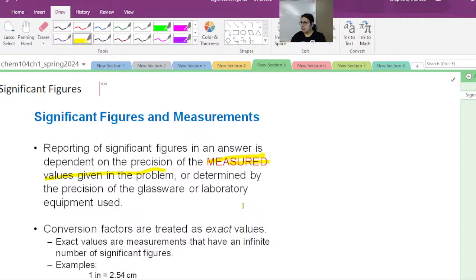And so again, you've been in lab a little bit, so you've gotten a taste of that. So you have your balances, and that's why you want to write every single digit that the balance gives you. And certain balances give you more digits and also cost more money to be more precise. And you were playing around with your rulers as well, and all the different tools.